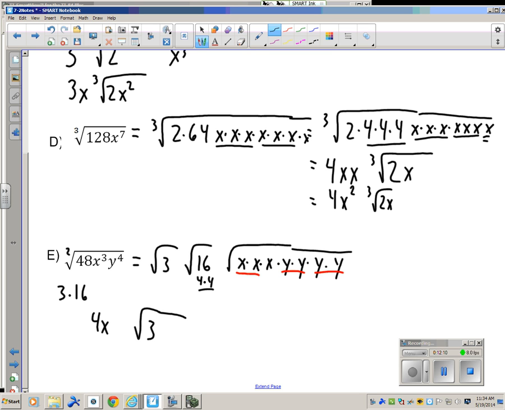And then I've got a grouping of y's, and I've got another pair of y's, and I forgot to put my lonely x back in there. So combining my y's over there, y times y is y squared, and I'm left with the square root of 3x. So there we have that result.